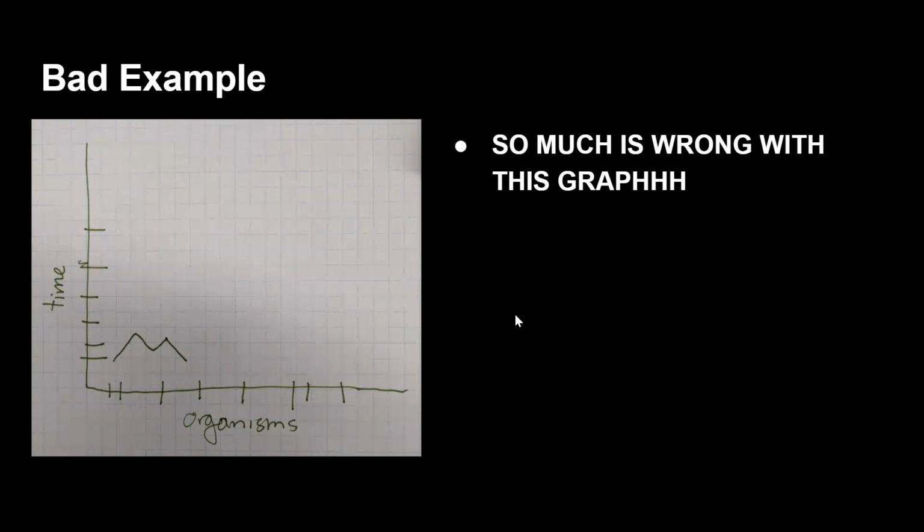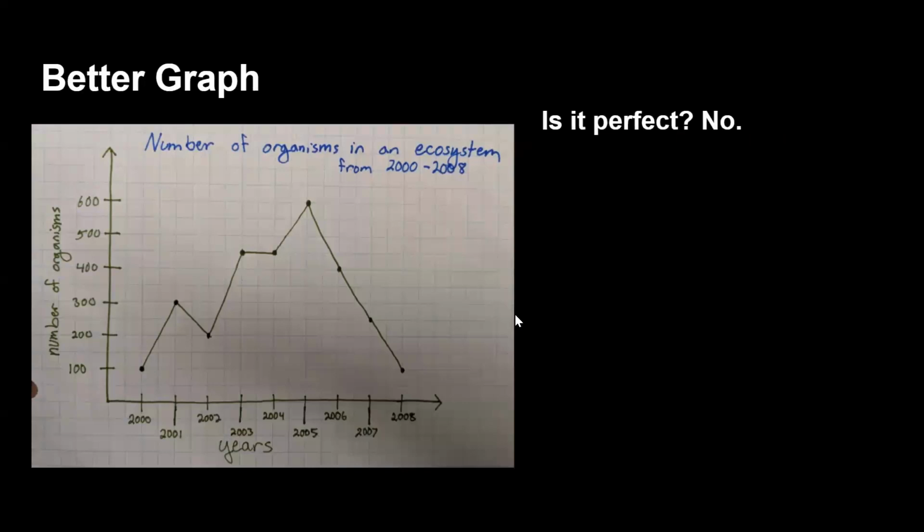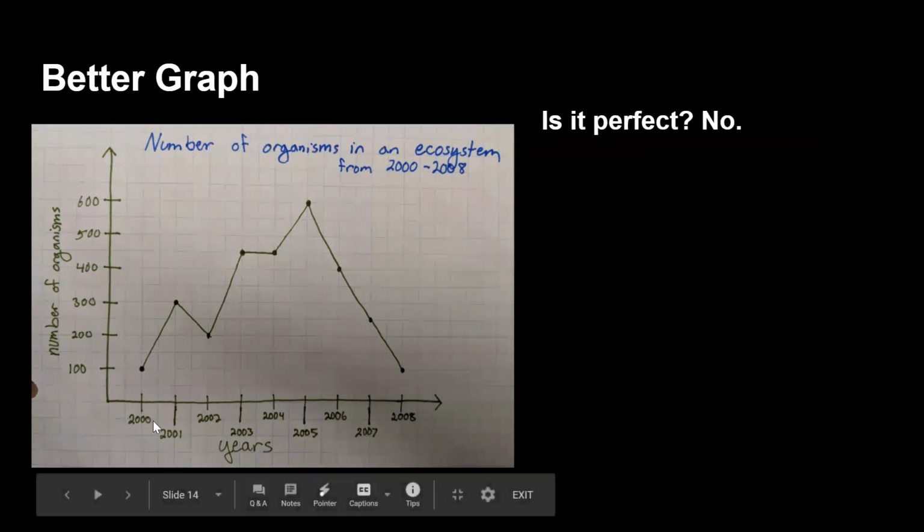However, take that same data and add a little bit more detail, and suddenly the graph becomes a million times better. In this case, I have axis labels. I now know that the time that we're measuring is in years and I know which years. Look how even my scale is. I know that this is number of organisms and I know how many.